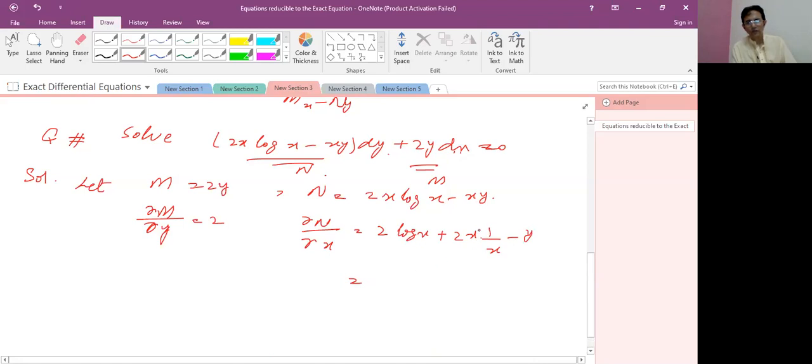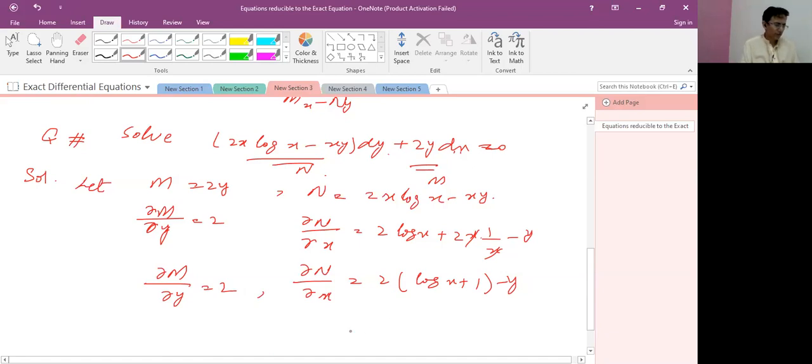So if they cancel each other, we take common 2 times log x plus 1 minus y. So this is called ∂N/∂x. So ∂M/∂y is equal to 2, and ∂N/∂x is 2 times this. After that, student, we are applying rule number 1.